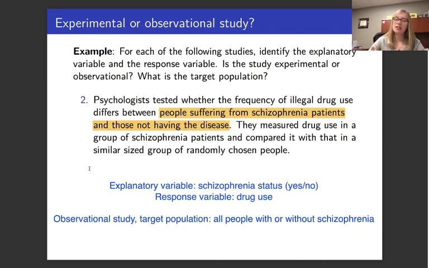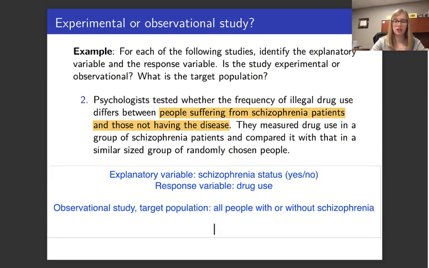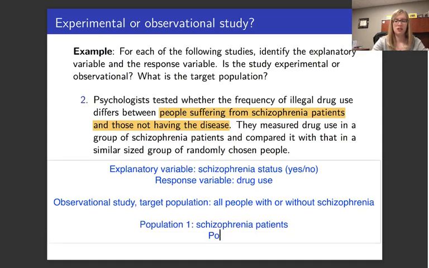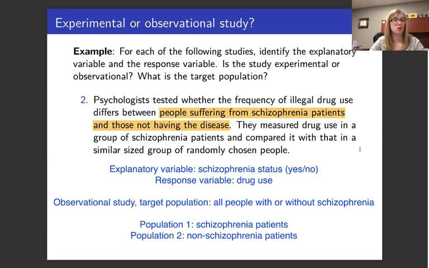One other way to think about this, there are actually 2 target populations. We can think about this as population 1 being schizophrenia patients, population 2 being non-schizophrenia patients. Our final goal is probably going to be to compare those 2 populations.